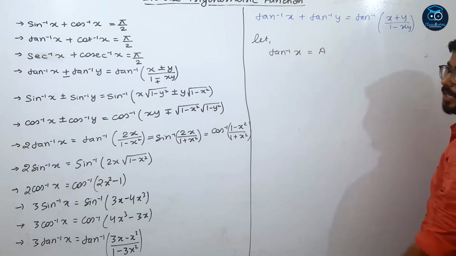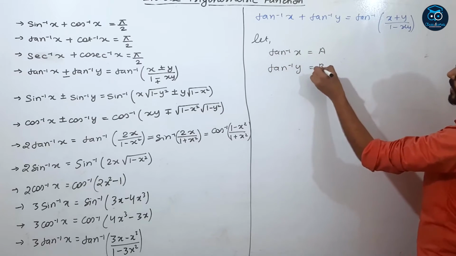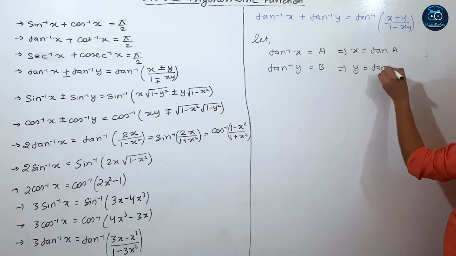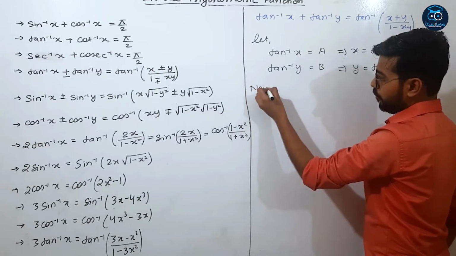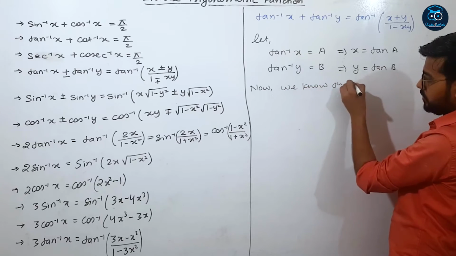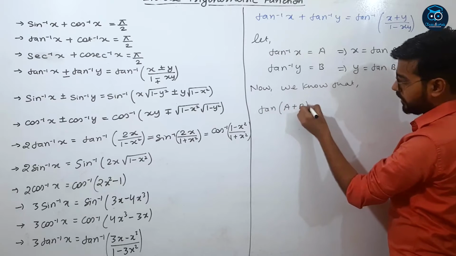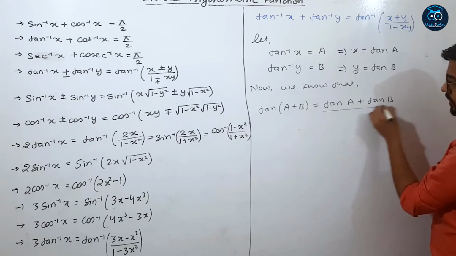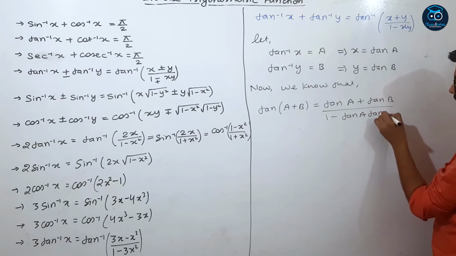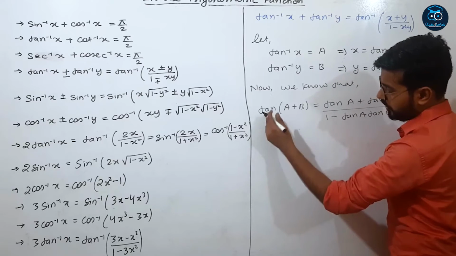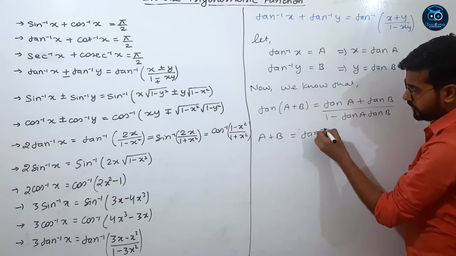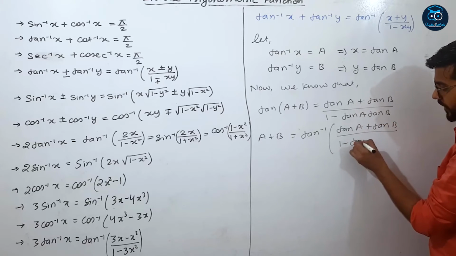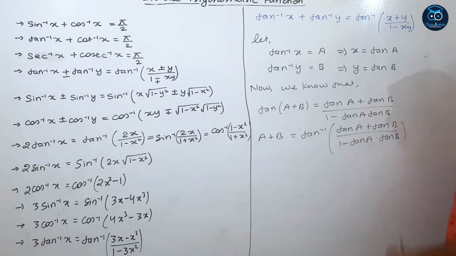tan inverse x equals A and tan inverse y equals B. From here we get the value of x, that is tan A, and value of y, that is tan B. Now we know that tan A plus B equals tan A plus tan B upon 1 minus tan A tan B. If we have to find the value of A plus B, then we get tan inverse of tan A plus tan B upon 1 minus tan A into tan B. Now substitute the values.